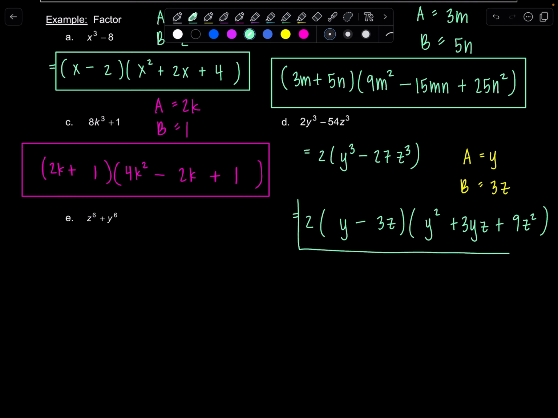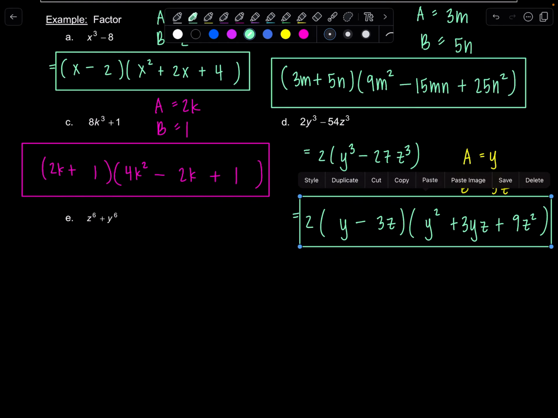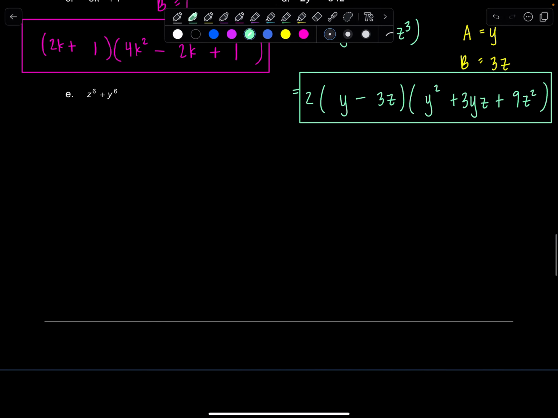Good, good, good. Look at us blazing through, factoring professionals. Last one, z to the 6th plus y to the 6th. So z squared cubed is z to the 6th. That means a is z squared and b is y squared. That one might be hard to identify. And then from there, you should be good to go.